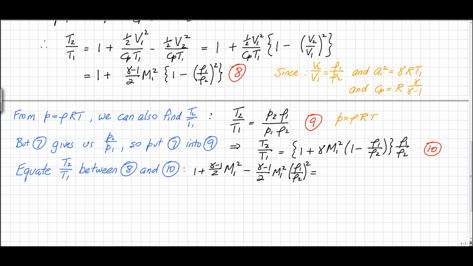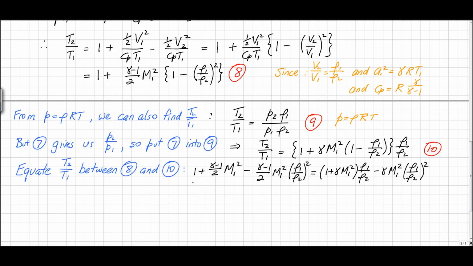And that must equal what we get from equation 10: 1 plus gamma M1 squared times rho 1 over rho 2 minus gamma M1 squared times (rho 1 over rho 2) squared.